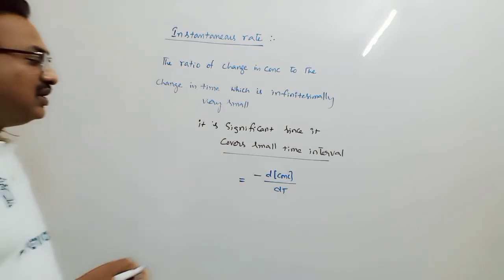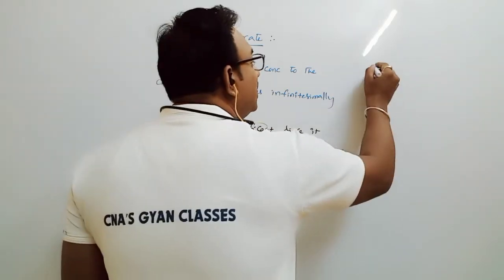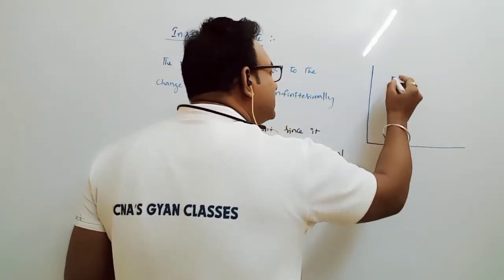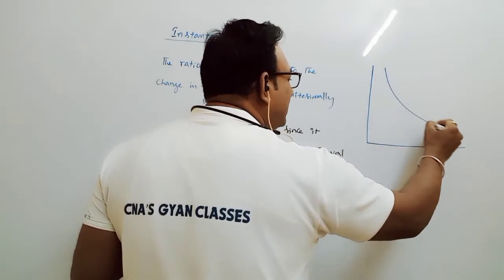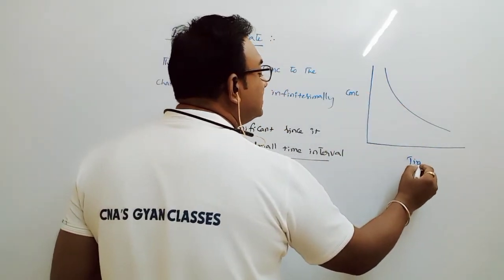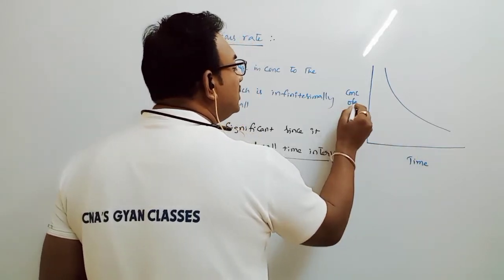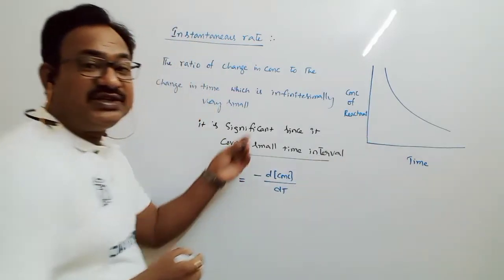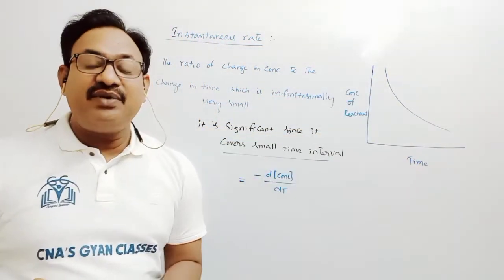Now if you consider the graph, first you can get a graph of average rate like this. The graph of concentration of reactant versus time is like this. So this plot gives the average rate.